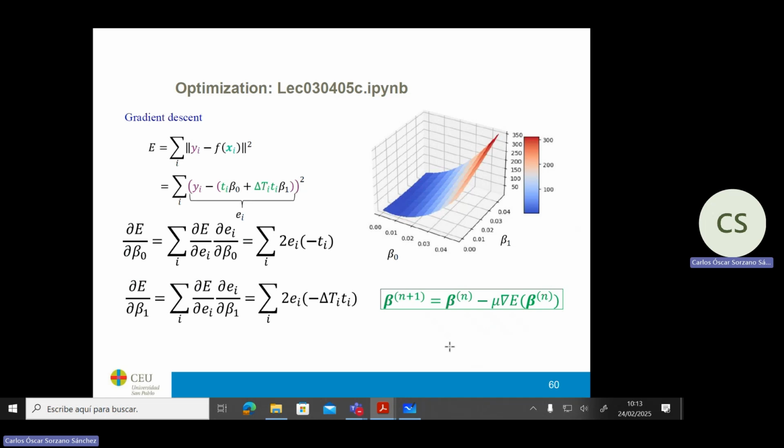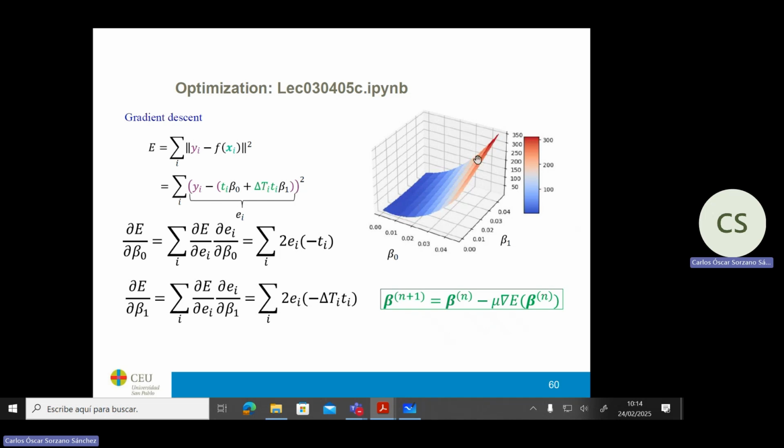Okay, so exploring all possible combinations is too expensive. You have to do many calculations. Can we do something easier? So what you can do is something called gradient descent. Have you seen gradient descent in another course? Yeah, so I will not explain it. In gradient descent, you start anywhere, and then you follow the direction of the gradient.